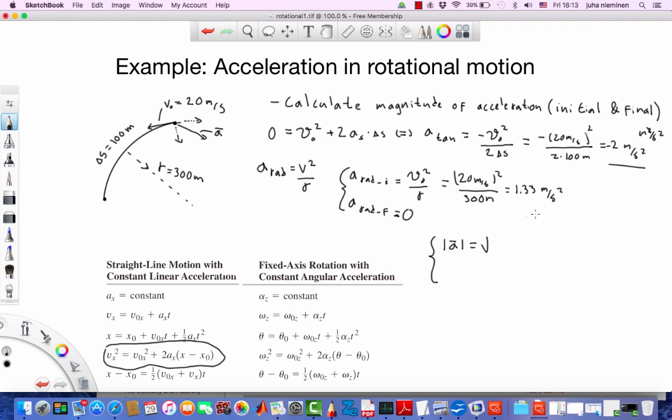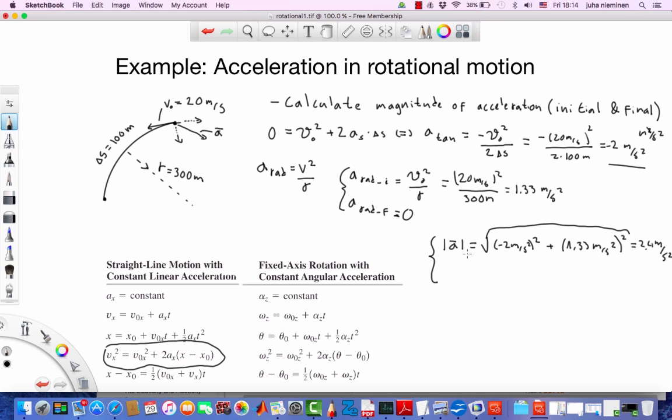So tangential component squared, so minus 2 meters per second squared, plus the radial squared, and that's going to be squared as well. We get about 2.4 meters per second squared.